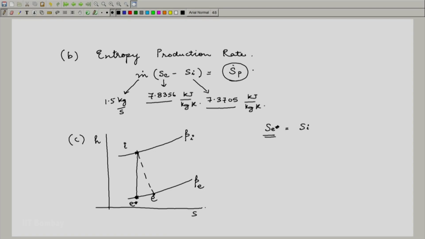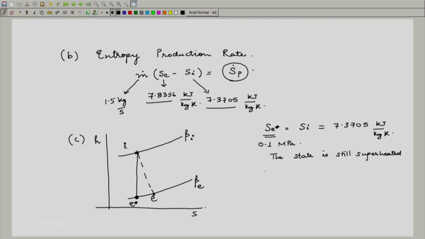Using this SE star, we now find out what must be HE star, and you will realize that if I do this, I get at 0.1 megapascal, the state is still superheated. This is, I should write it at 7.3705 kilojoule per kg Kelvin.